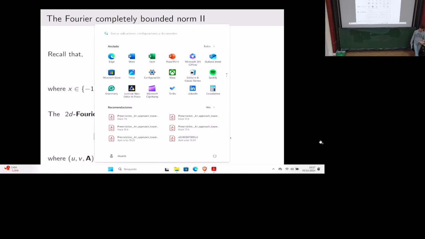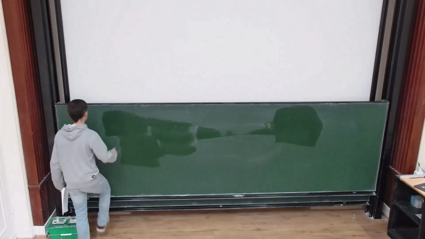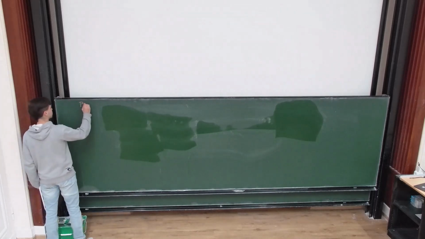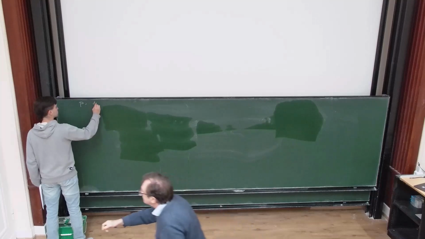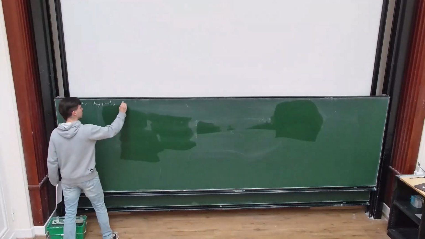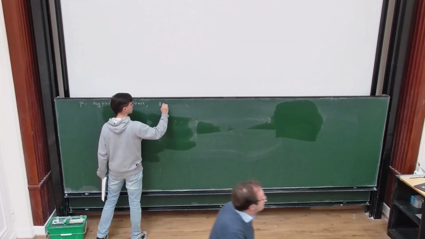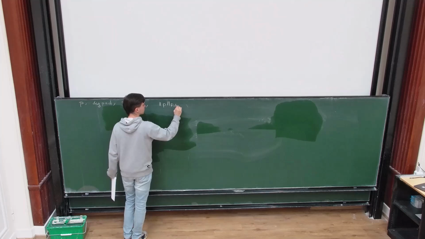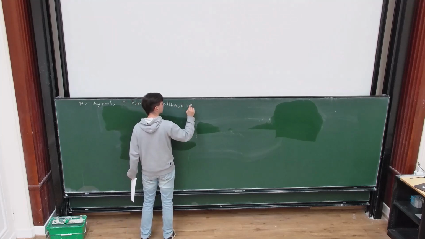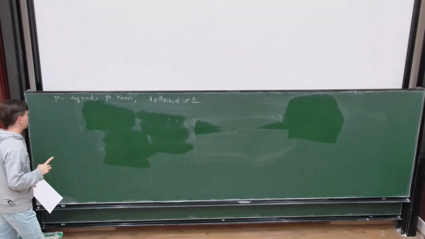So okay, now let me try to prove the Aaronson-Ambainis conjecture for a restricted class, which are going to be polynomials P that are homogeneous and the Fourier completely bounded D norm is going to be at most 1, okay?